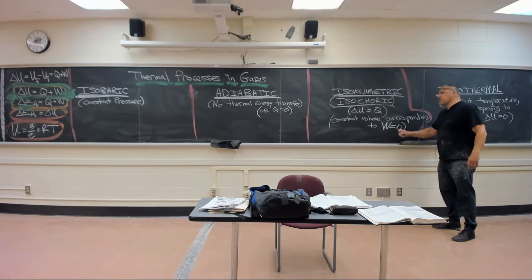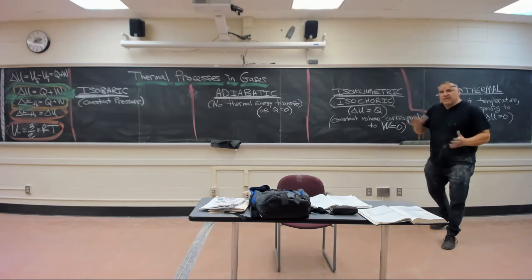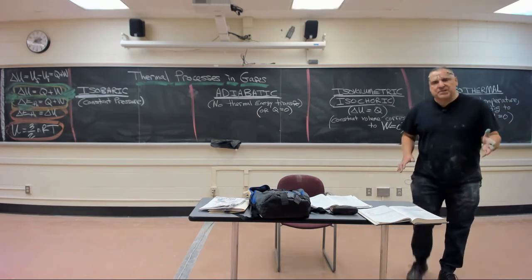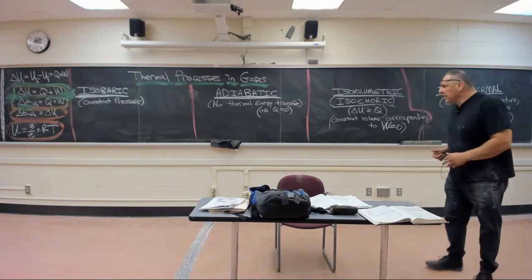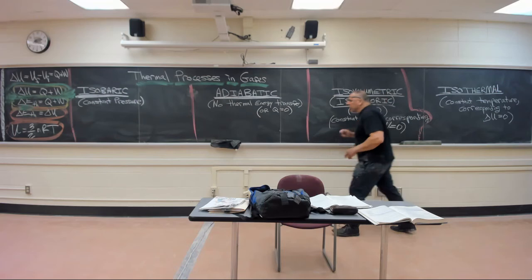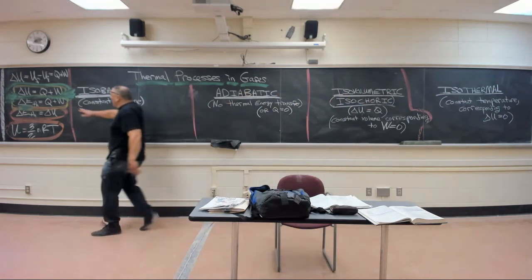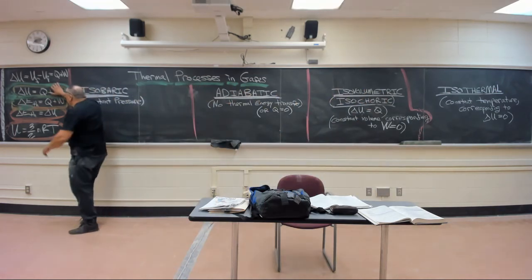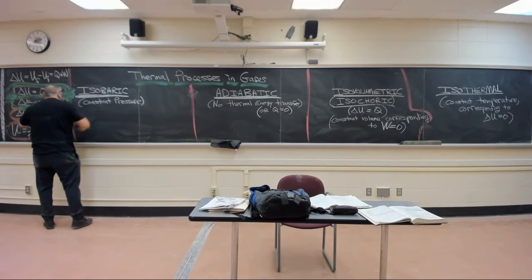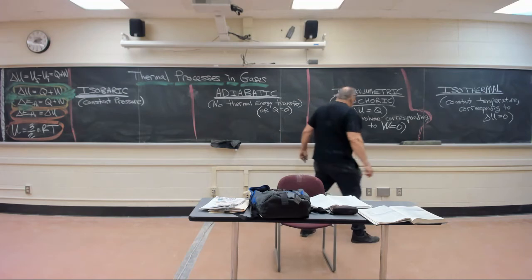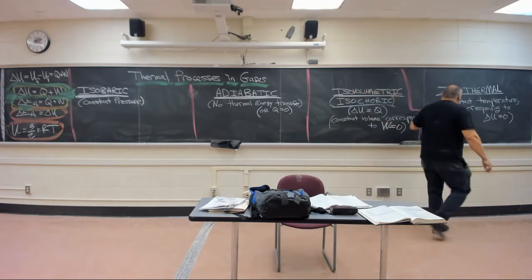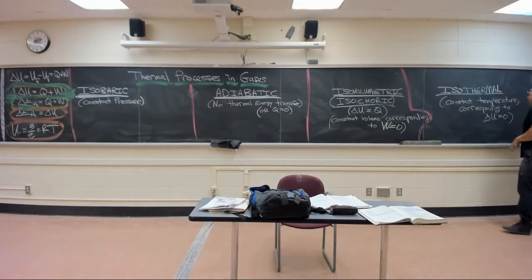Constant volume corresponds to no work being done. If no distance traveled, no work done. That means delta U equals Q. In other words, if there's no work done, the delta U equals Q for isochoric.